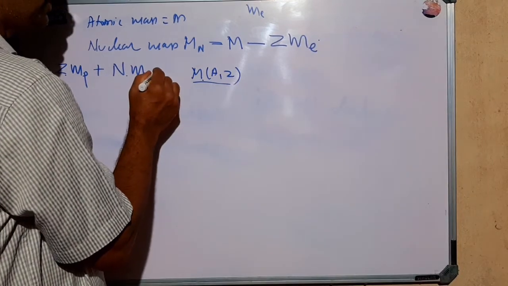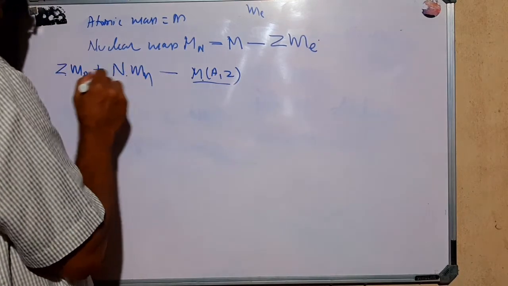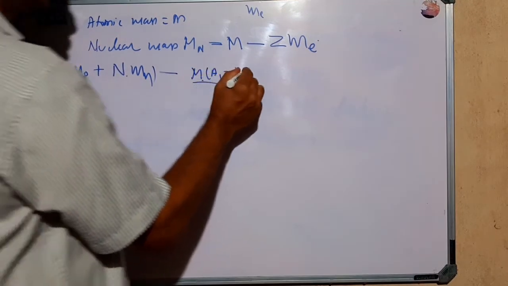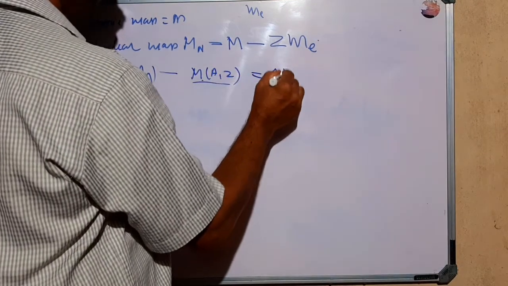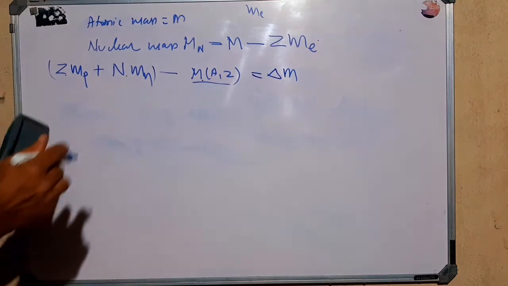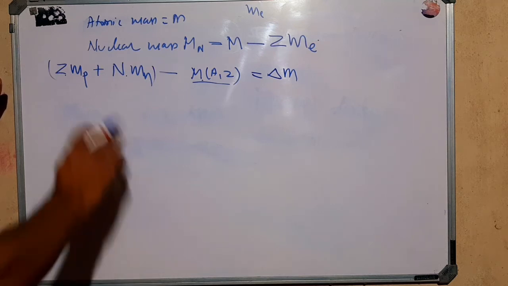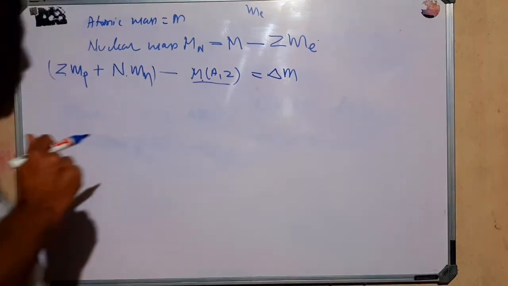That means we are observing a difference, Zmp plus Nmn minus M_A_Z, which is equal to delta M. So there is a difference in mass between the theoretical and experimental value.